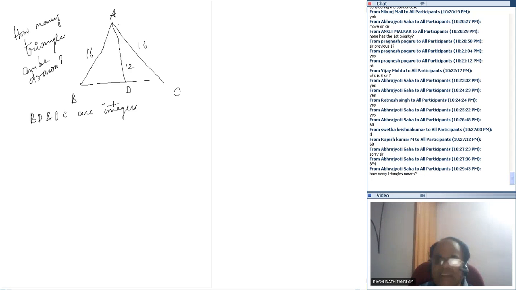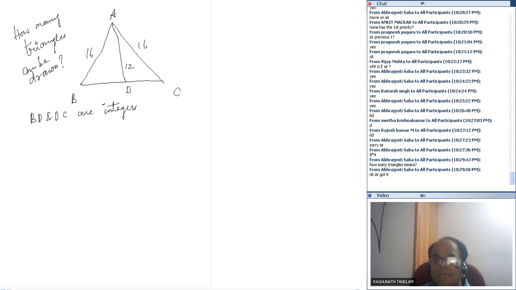BD and DC can take different integer values. D can be any point on line BC. Choices are 10, 5, 4, 2.